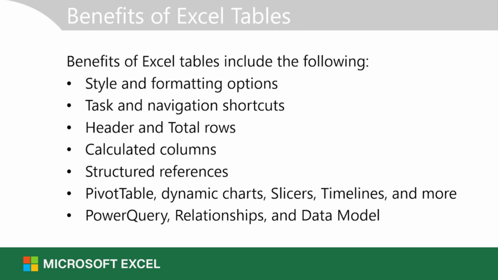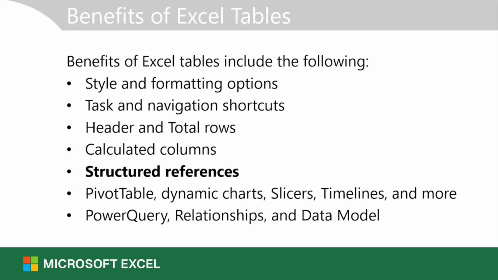When writing formulas within or outside our Excel tables, we can easily reference data within the tables by using dynamic cell ranges that are automatically created and named for each table and its columns. These cell ranges, referring to different parts of an Excel table, are referred to as structured references and expand automatically when new data is added to the table.